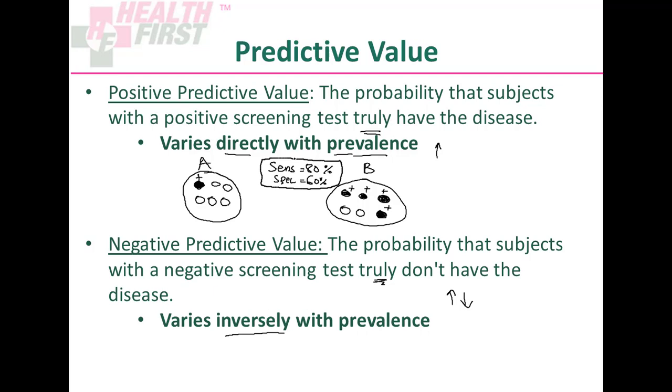These are pre-test probabilities. So these numbers would hold true for both this population and this population. But the positive predictive value and the negative predictive values will change based on the prevalence of disease.